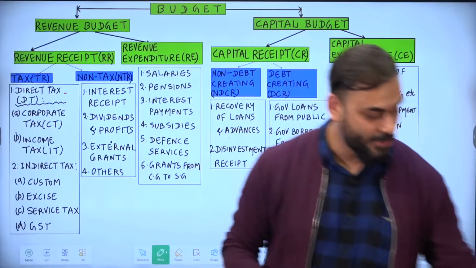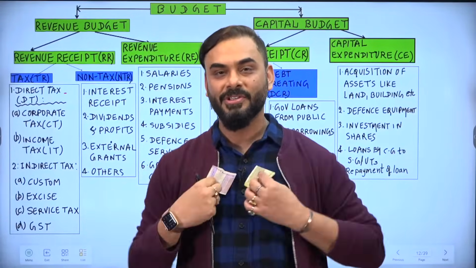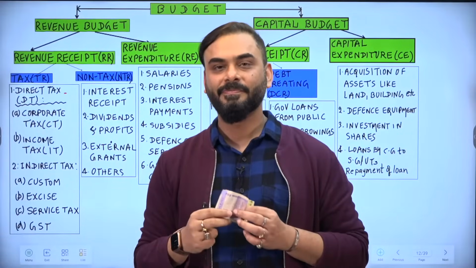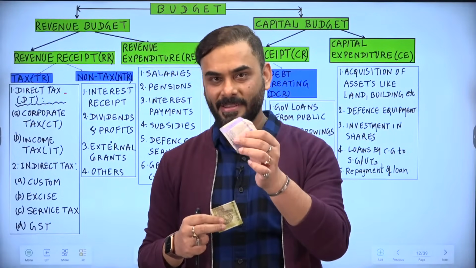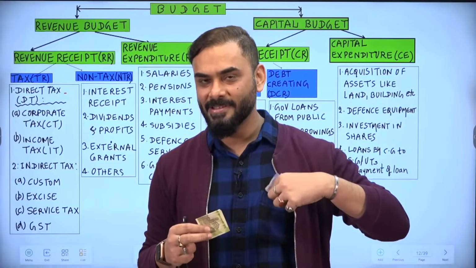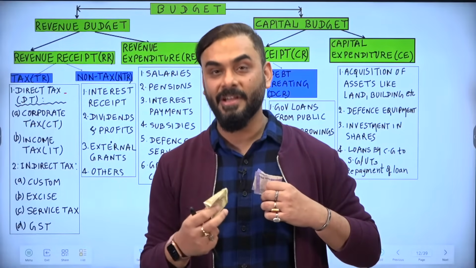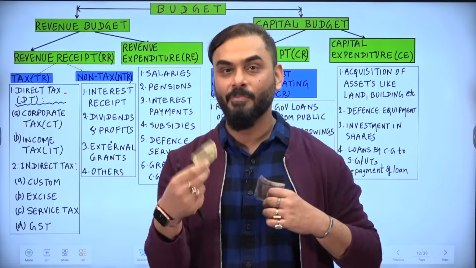So by the way, if I ask you a simple question: suppose that these are the two currency notes that I'm getting in terms of capital receipt. I'm the government of India. Now, this I showed you, the higher one. This I don't have to return to somebody. This is mine. And how do I get this? By selling public sector enterprises, disinvestment, privatization. This is the money which the government got by issuing treasury bills, bonds.